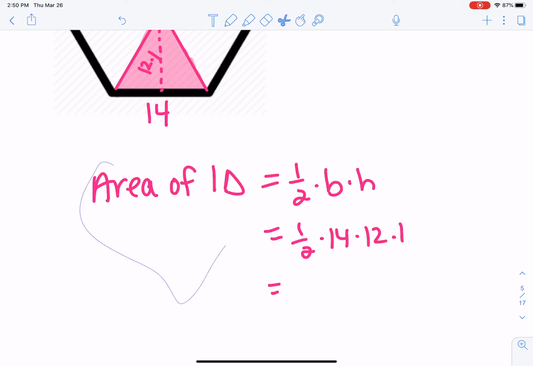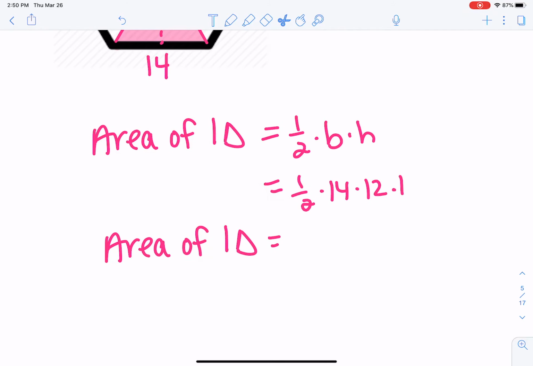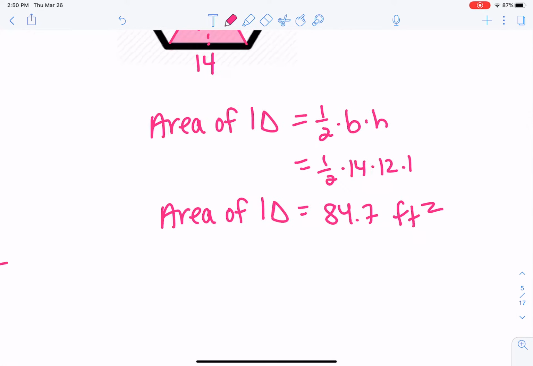Type that all into my calculator and I get 84.7. And the unit was feet here, so feet squared. So that's just one triangle.